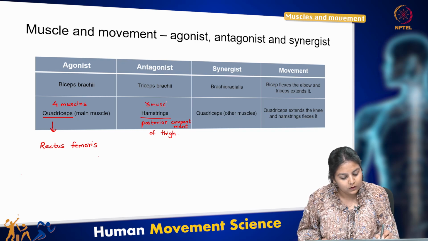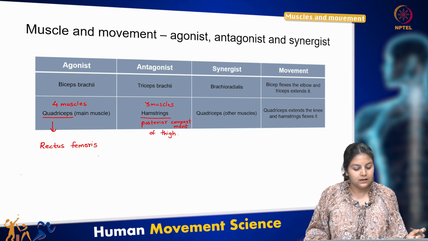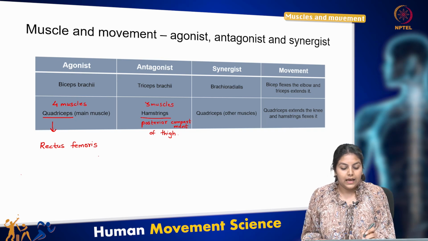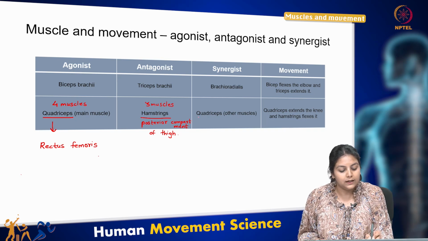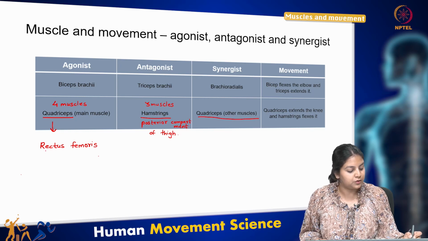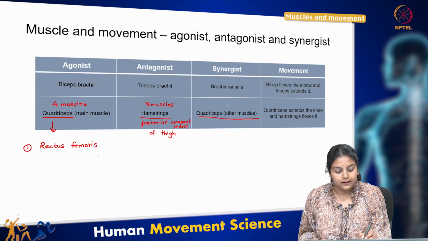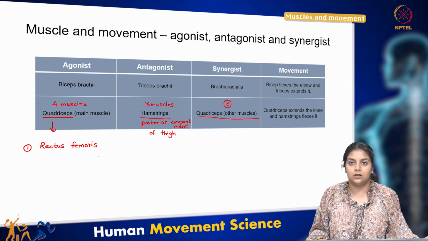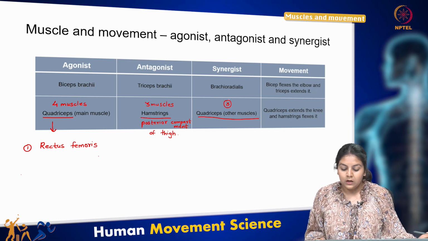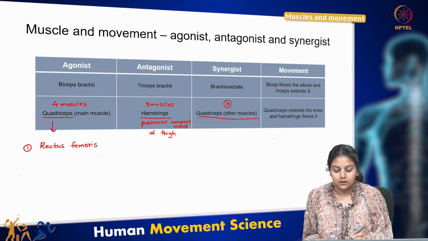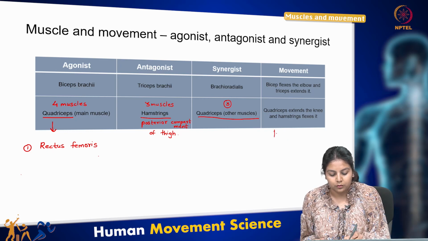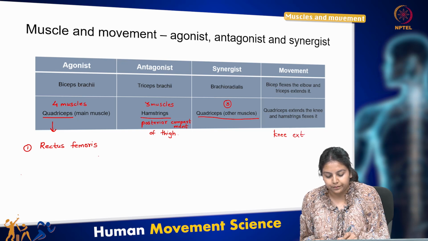So the entire group acts as the antagonist, and your synergist here are the other muscles of the quadricep group. So you have got one here and the other muscles here. So, the other three act as the synergist for the movement, and the movement here is knee extension.